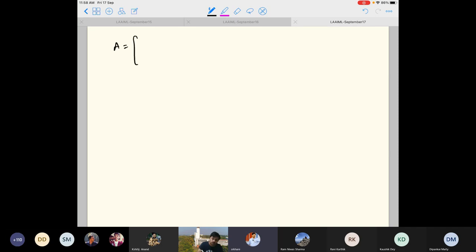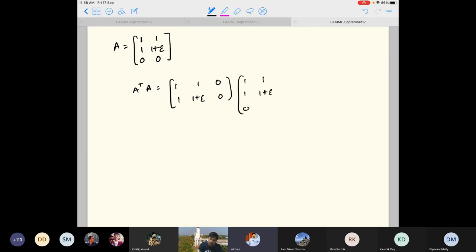So columns almost linearly dependent: 1, 1, 1, 1 plus epsilon, and 0, 0. Suppose A is like this, then what is A transpose A? This is not the example I had, but this is the last time I'm going to attempt this, otherwise I'll move further. So what is this product?